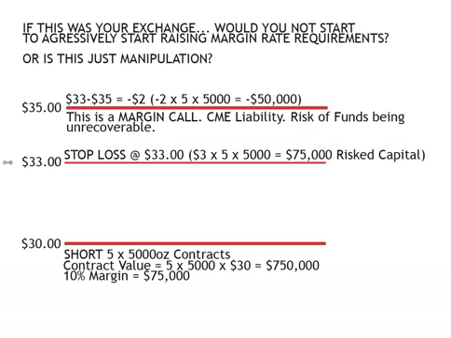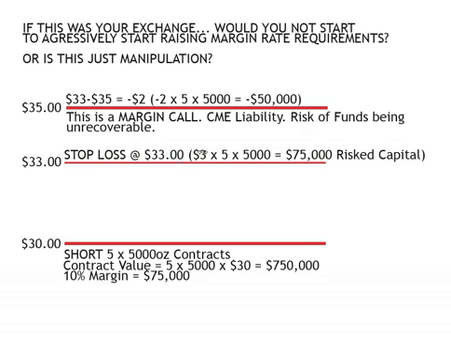The maximum I can set my stop loss, or the furthest away, is 10% higher at 33, because that's what my margin is. I can't set it at 34 because I don't have the funds in my account to cover that. I could set it at 34 if I wanted to put more money in the account, but let's say I've just put the 75 and I set my stop at 33.